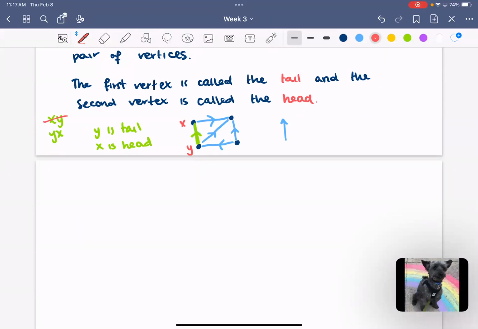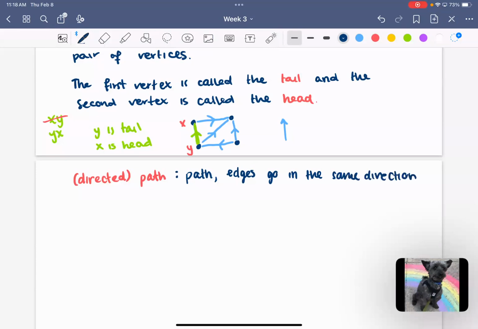In this context, a path is going to mean a digraph where all of the edges are pointing in the same way. So a path or a directed path. So it'll just be a path, but all the edges go in the same direction. And same thing for a directed cycle.